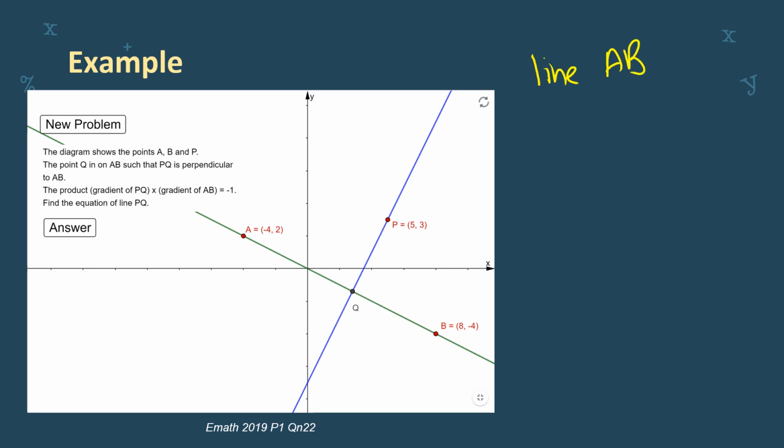In order for us to find the line AB, we need to have 3 important points. First, we need to have the xy value, because with the xy value, we are then able to sub it into the equation. Next, we need the gradient. And lastly, we need the y-intercept.